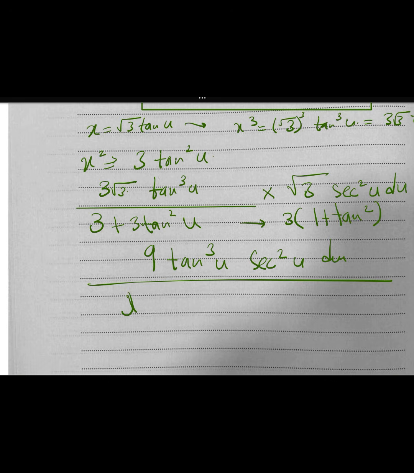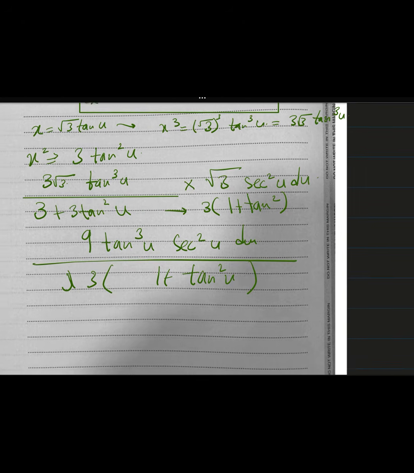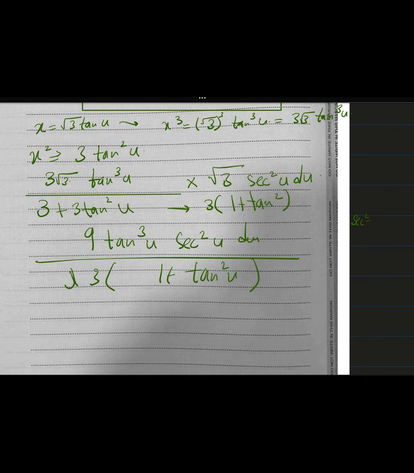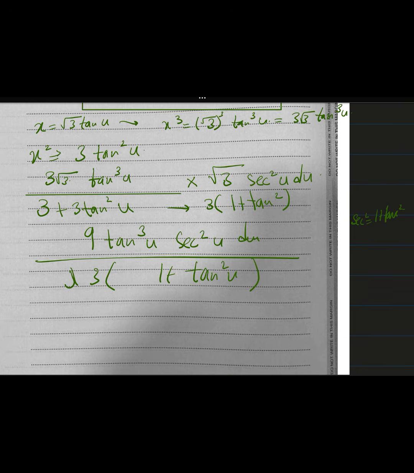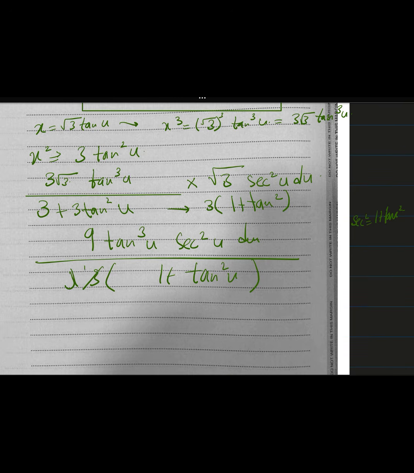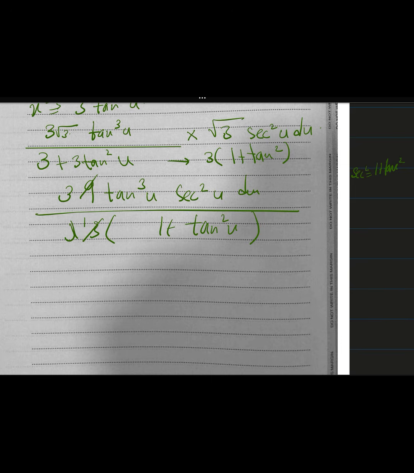Now one other thing you notice is that we have the identity in trigonometry that secant square equals 1 plus tan square, right? And we can divide this 3 and 9, so it will be 3 tan cube u secant square u, and instead of 1 plus tan square we can substitute secant square u again, so we can cancel these both.